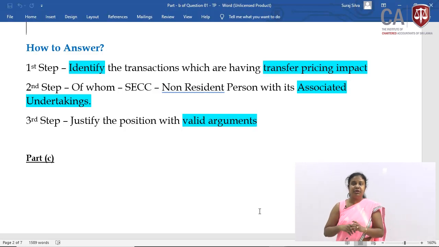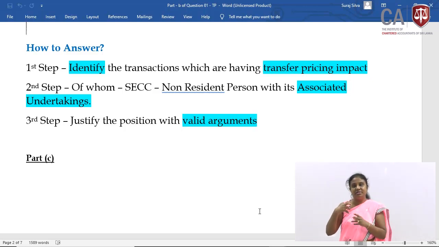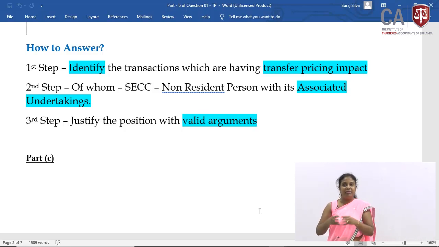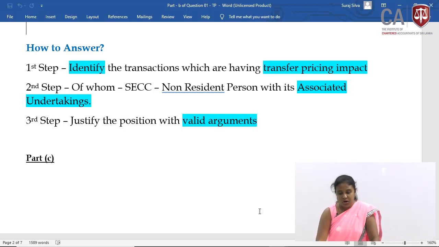To have a transfer pricing impact, there should be associated persons, associated undertakings. Then the first thing you have to look at is whether these companies or persons are associated. Second step, of whom.